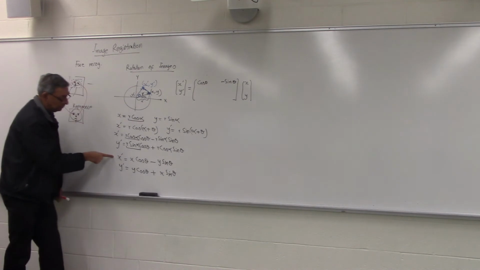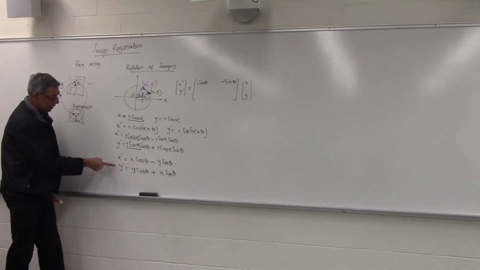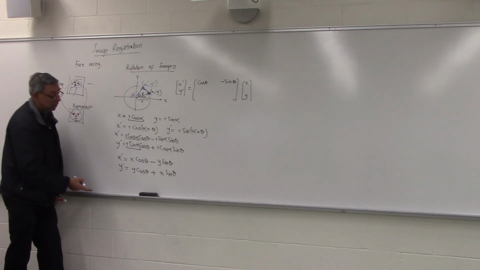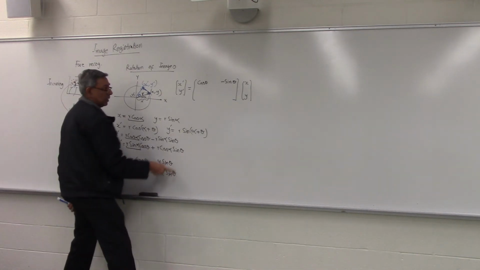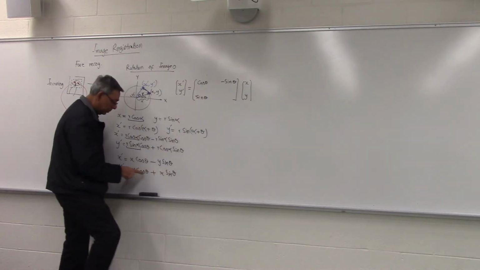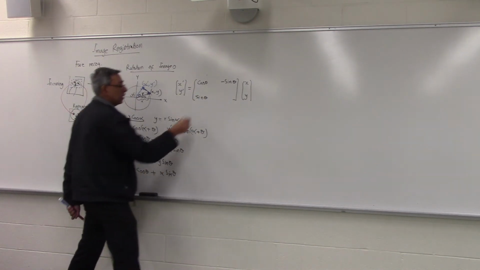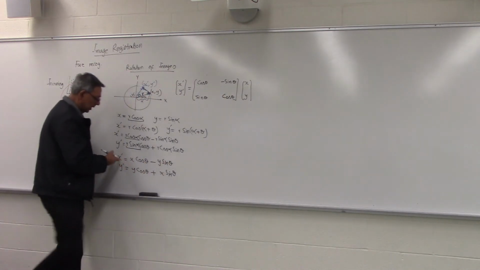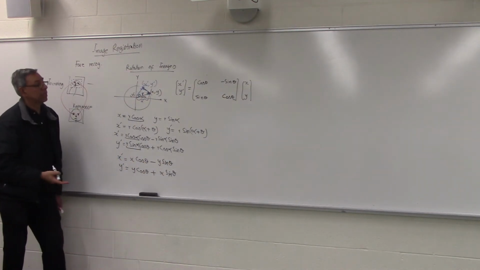That gives me the first equation. Everybody agrees? Let's take a look at the second equation. What's x being multiplied with? Sine theta. And what's y being multiplied with? Cosine theta.